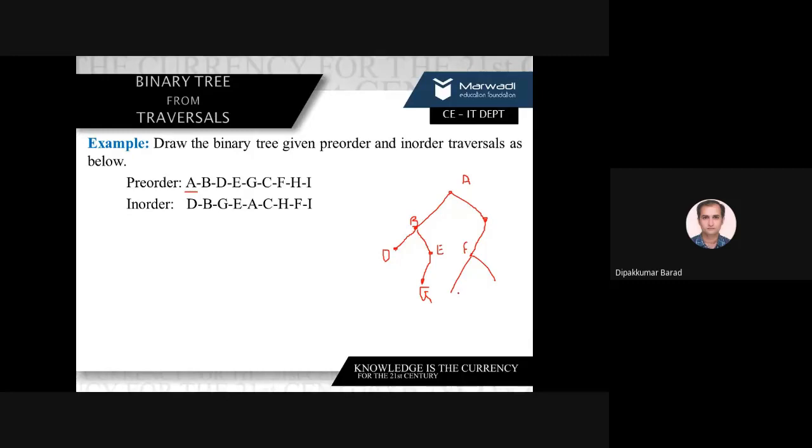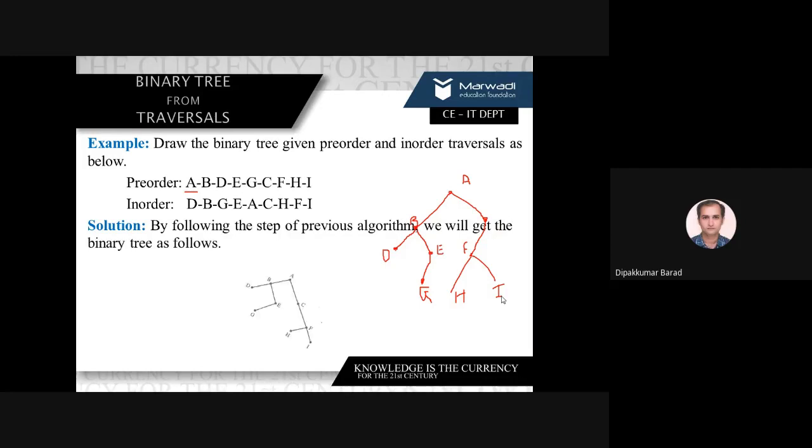H and I. Okay, let us, yeah. So sorry, here I have made a mistake. C again we have this F, which are C, and then this F we get here as a right child.